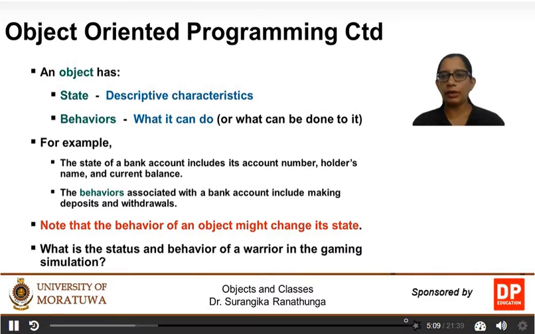The account number or the account holder's name may remain the same throughout. However, the current balance changes often. So, if we consider the state of a bank account object including these three attributes, at different time points, the object may be in different states if the bank balance has different values throughout.